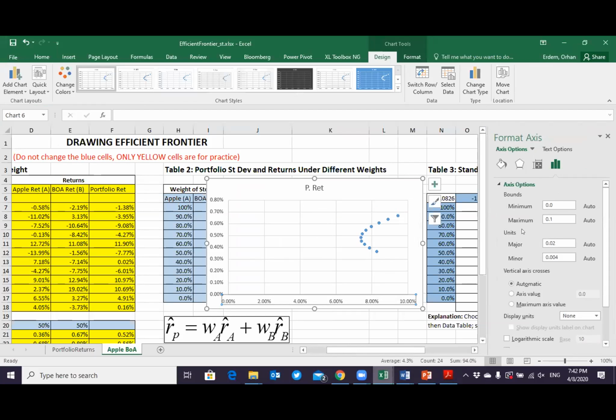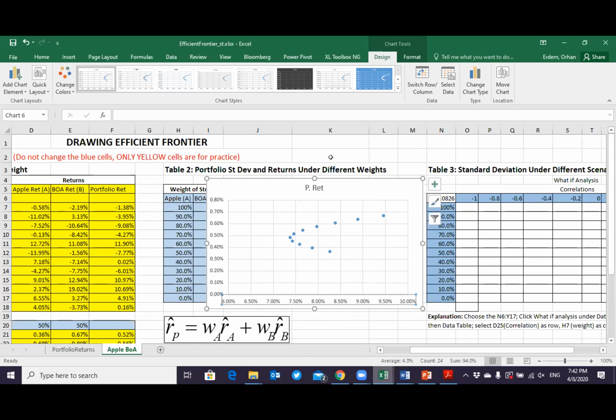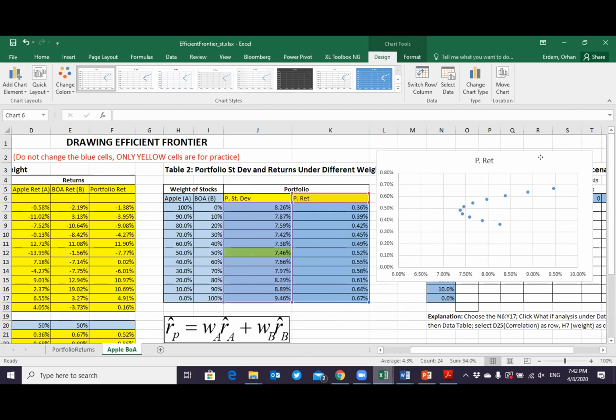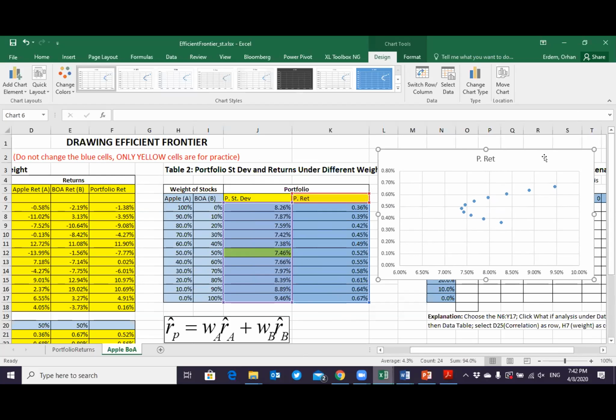And then change this minimum to 6%, okay, 0.06. Sorry, just the shape of the graph would change a little. I got it.